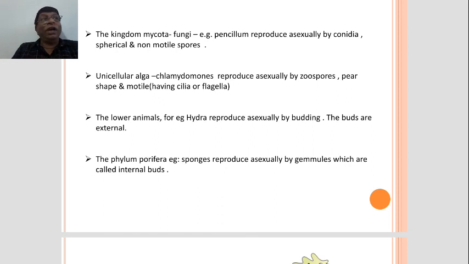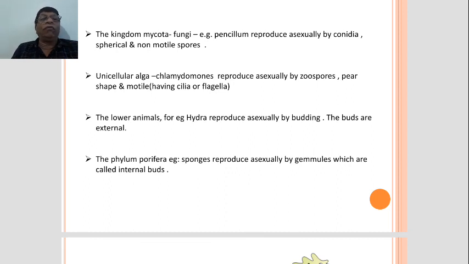Next, if we examine the lower algae, that is, the members of the class Chlorophyceae, for example, Chlamydomonas, it is a unicellular alga that reproduces asexually, that is, during favorable conditions, by the formation of what are known as zoospores.